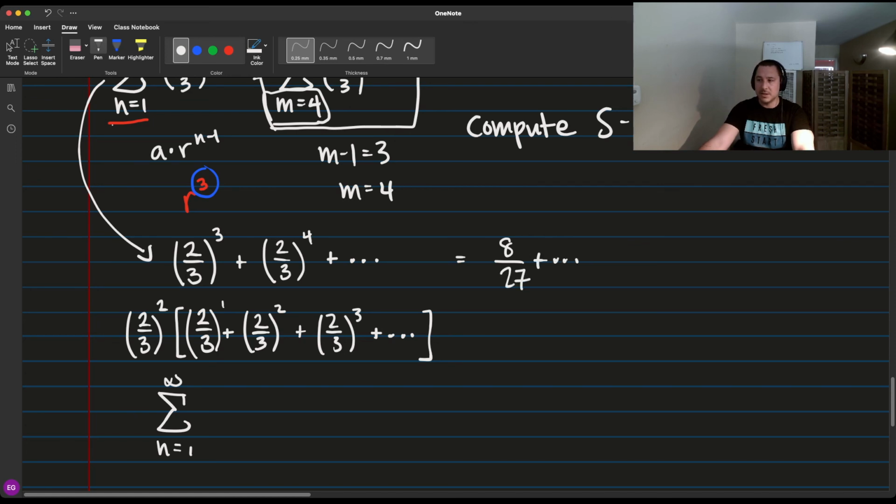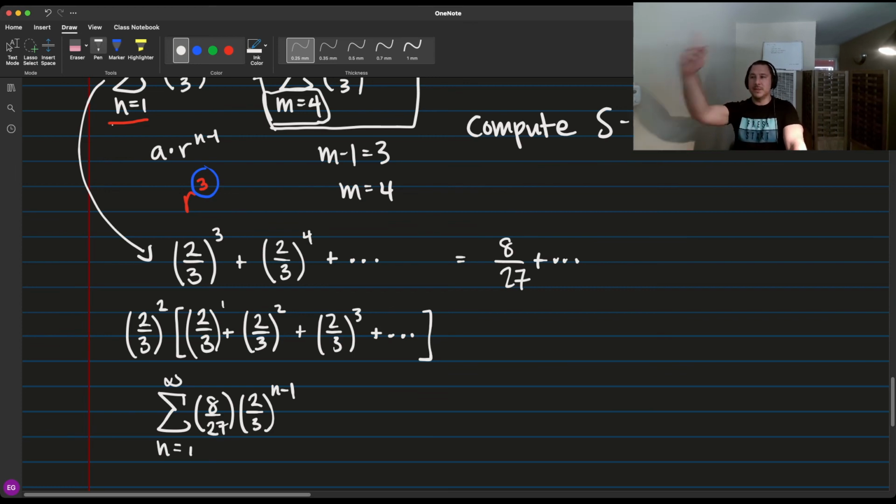Plus all those other terms. So you'd have as your A, your 8/27ths times 2/3 to the n minus 1. So that's one way you could do it. That's sort of an easier way. It depends on the case. Usually this one works best, but sometimes the other way is nicer, where you re-index it and then just remove off the terms that you don't want.